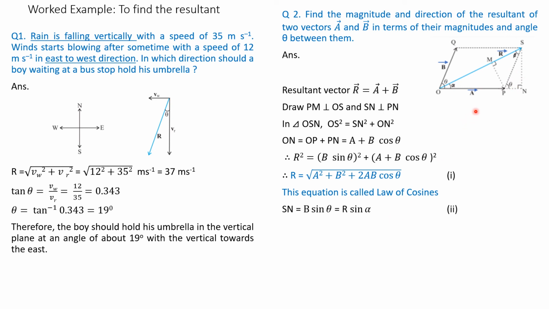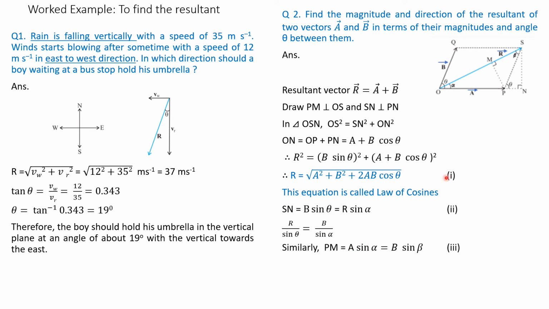That is also equal to, considering the triangle OSN, R sin alpha. Alpha is the angle between the resultant and A, and it is here in this triangle OSN. We get SN is equal to R sin alpha. Simplifying, we get R by sin theta is equal to B by sin alpha.